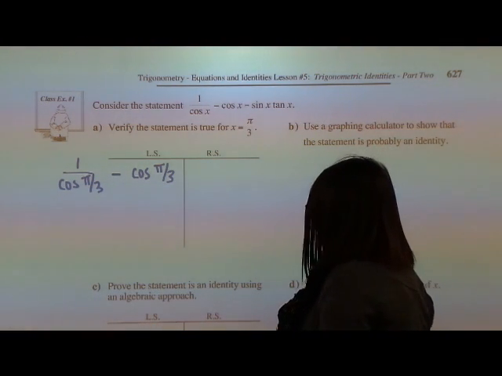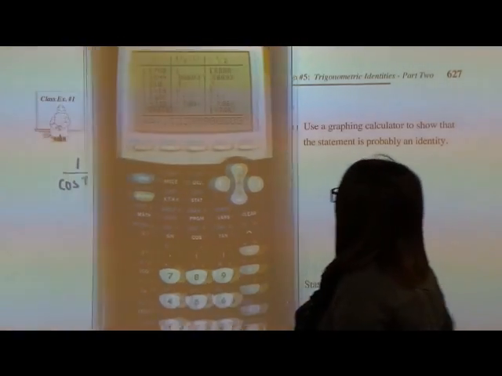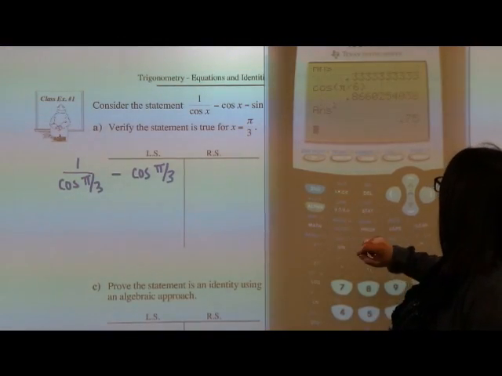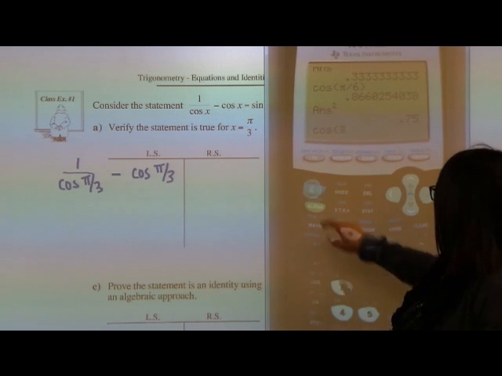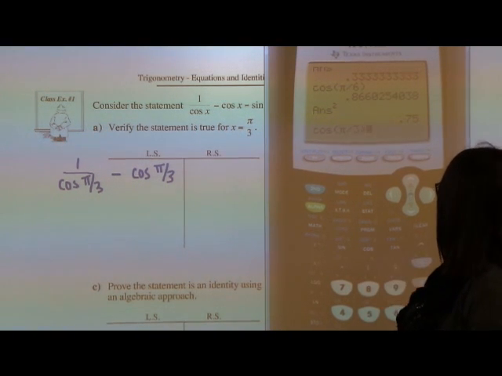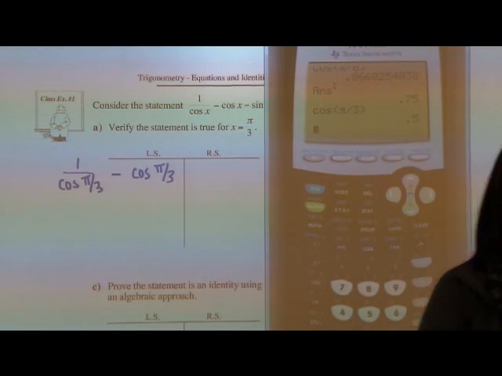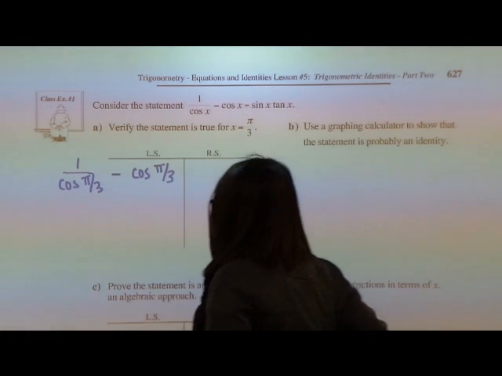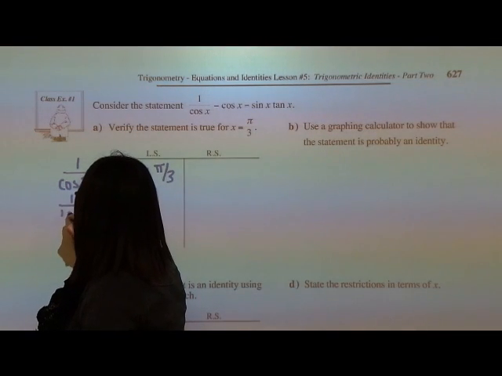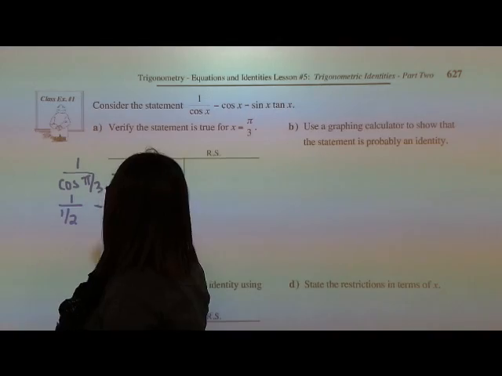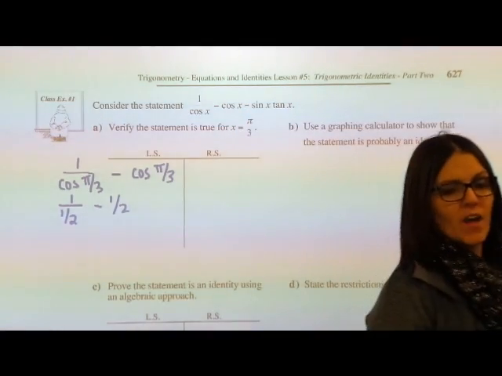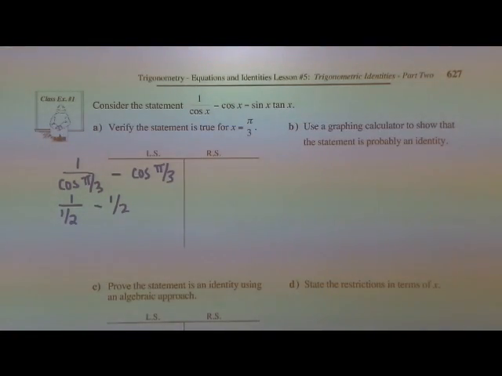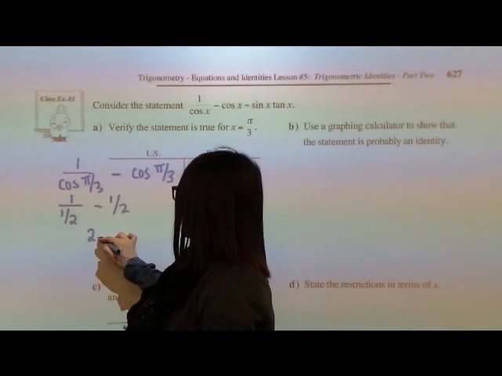So what is cos pi over 3? So what does it equal? 1/2. So I get 1 divided by 1/2 minus 1/2. So what's 1 divided by 1/2? 2. And what's 2 minus 1/2?